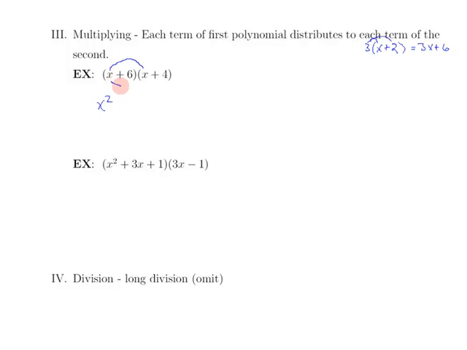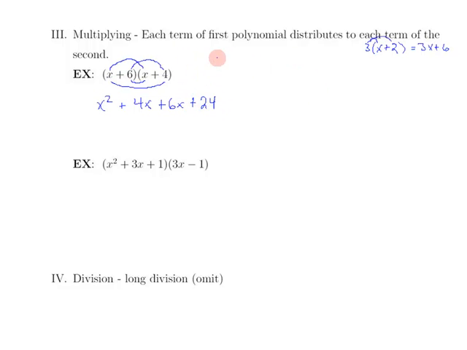I'd take the first times that last one right there, and I get plus 4x, and then I do the inside. That is the 6 times the x, so plus 6x, and then the last together, 6 times 4 is plus 24.